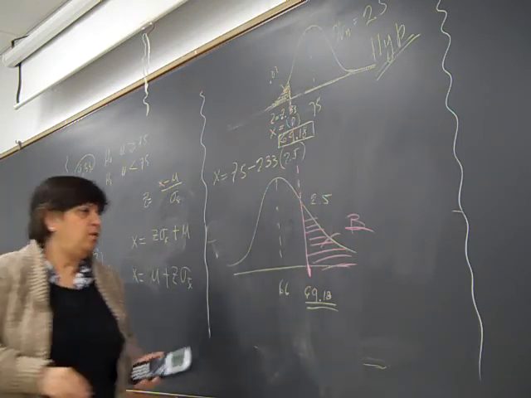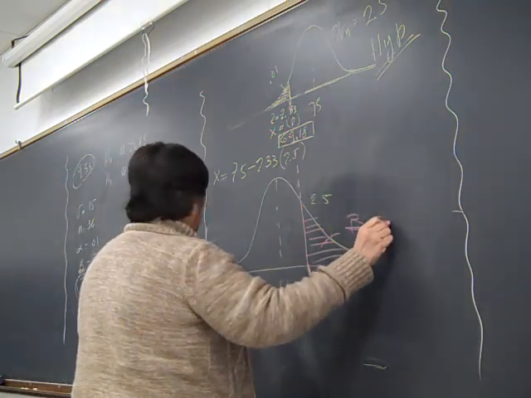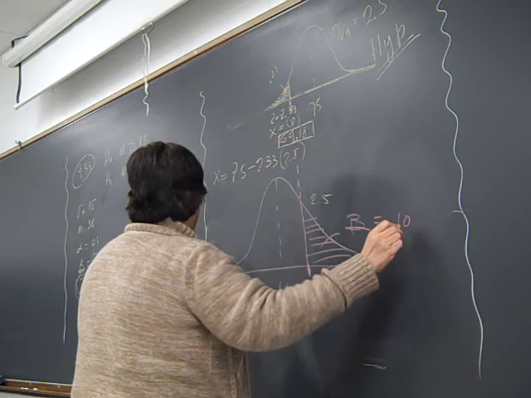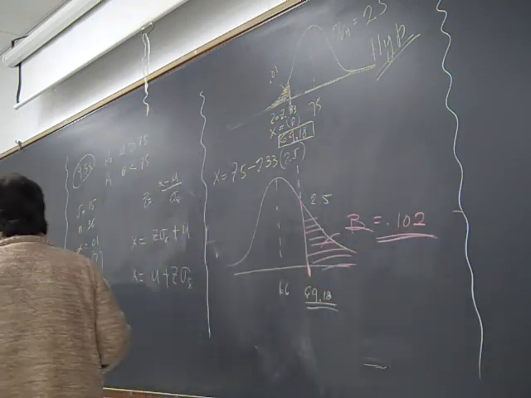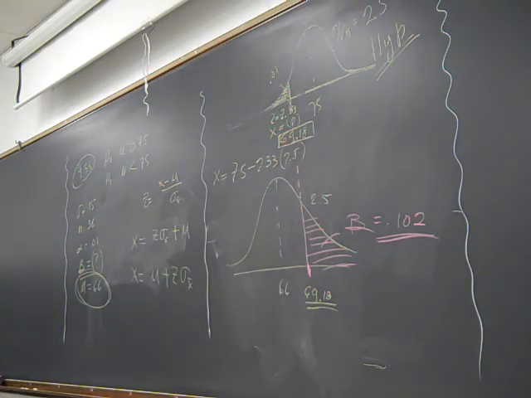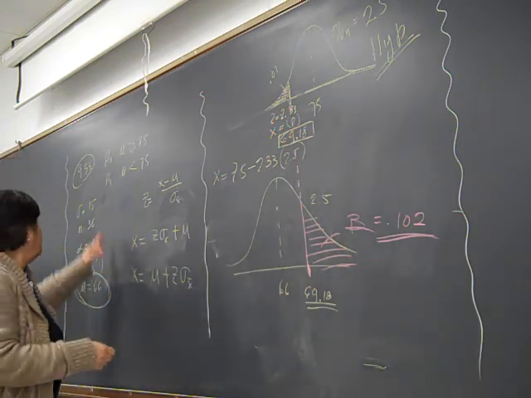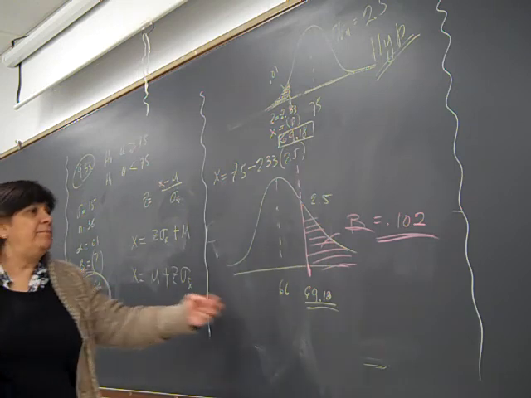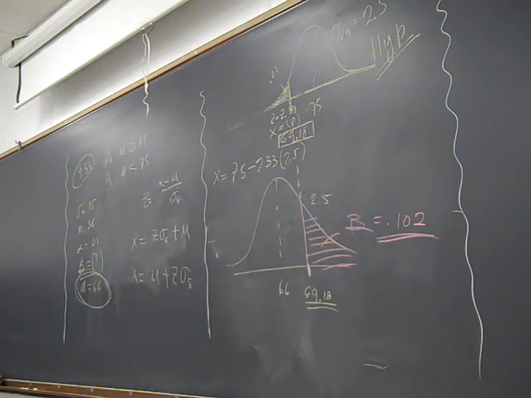Enter, and that is equal to 0.10168, whatever. So in this situation, my beta is approximately 0.1. You see? That's it.